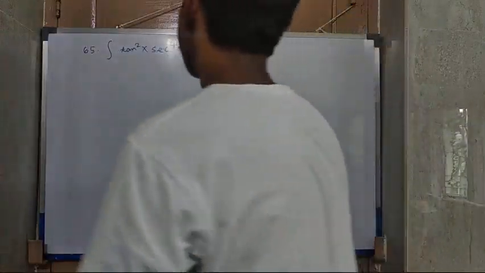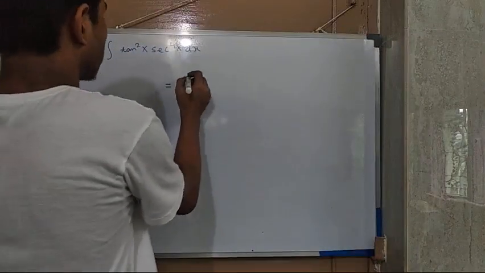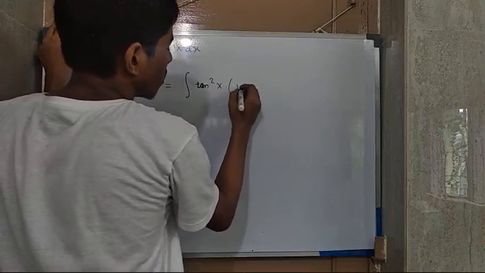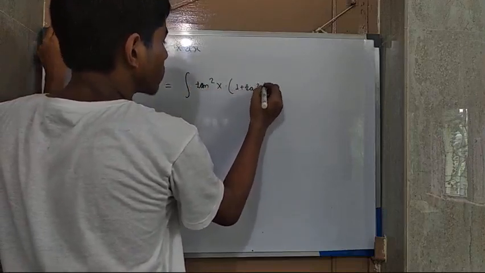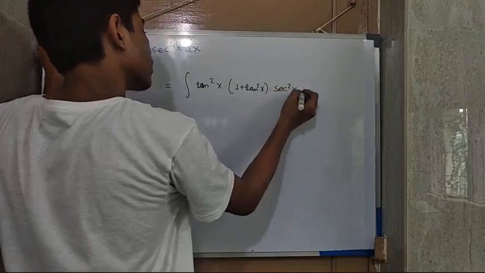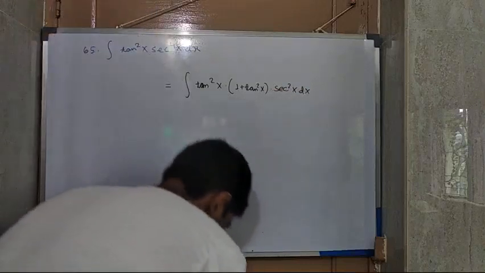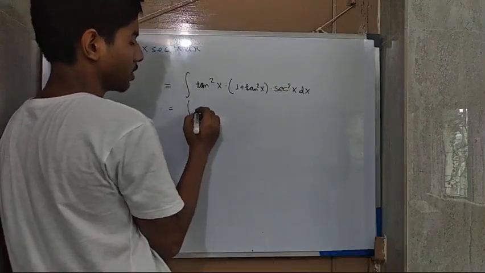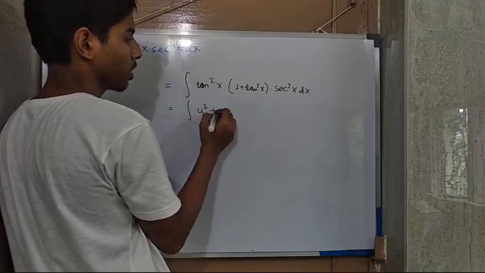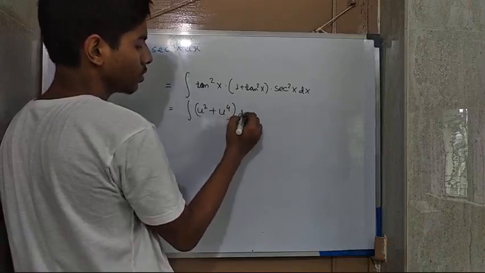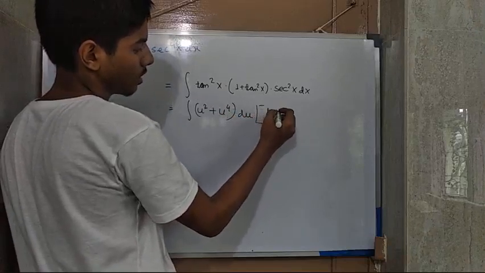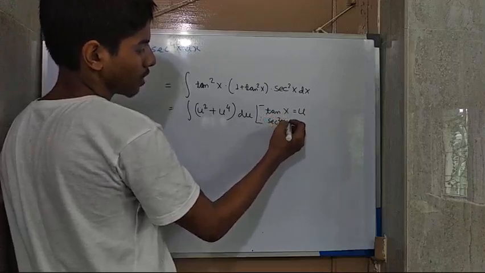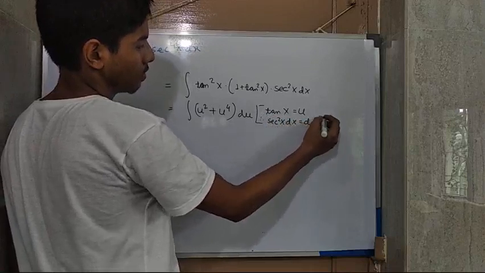What I am doing here is integral of tan square x times 1 plus tan square x times sec square x dx, and then I am just multiplying as u square plus u to the power 4 du, where tan x is equal to u, so sec square x dx will be du.